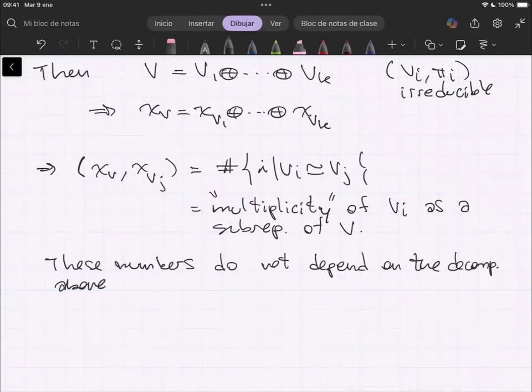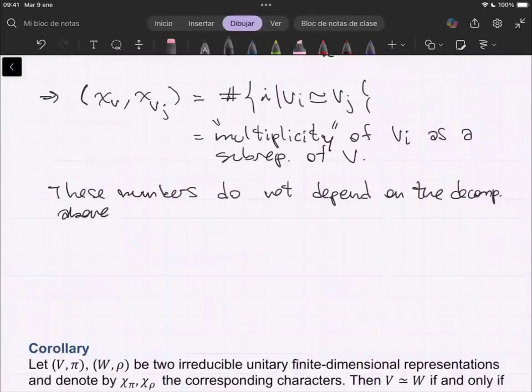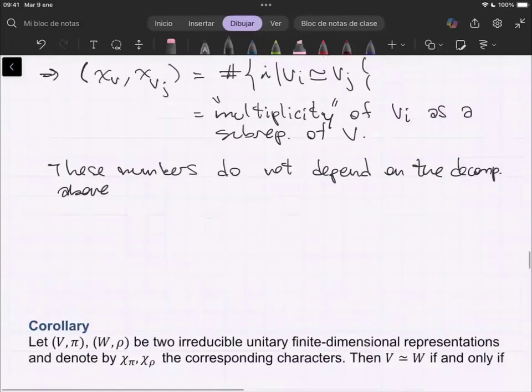Okay, so when we get two representations, how do we compare them? The representations can be decomposed into a direct sum of irreducible ones, and we have different types of irreducibles inside the sum.